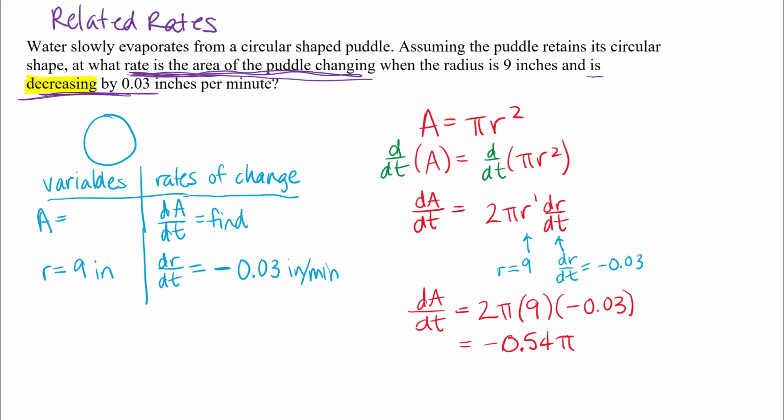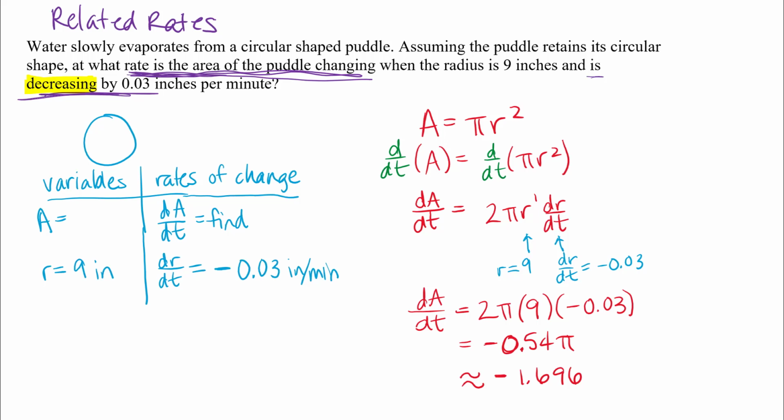That would be in exact form with the numbers that I was given. If I want a decimal approximation, I can type that into my calculator and get a decimal approximation. So I'll get about negative 1.696.